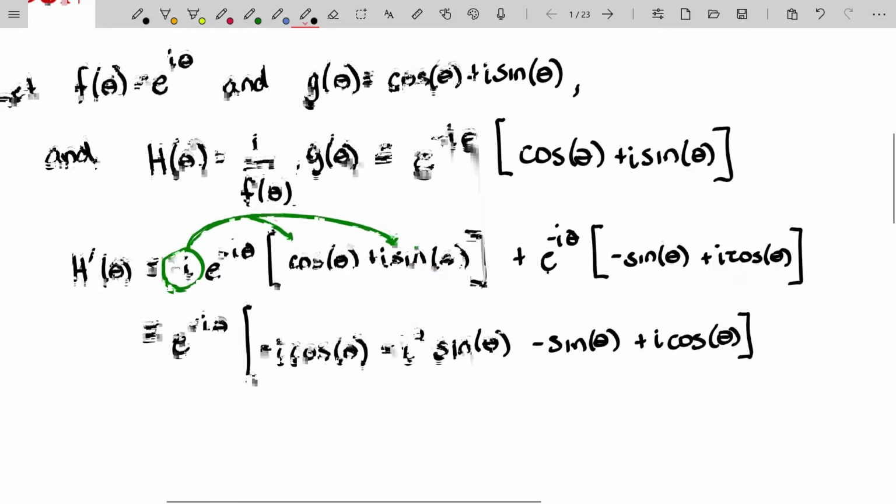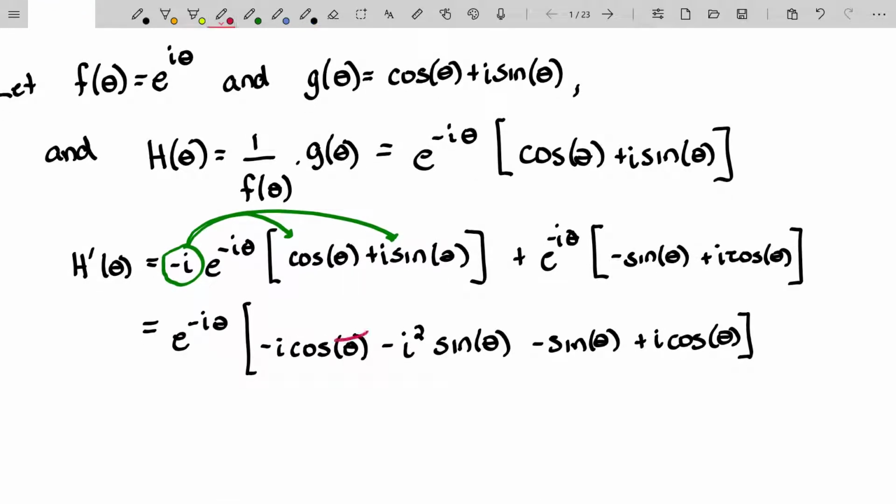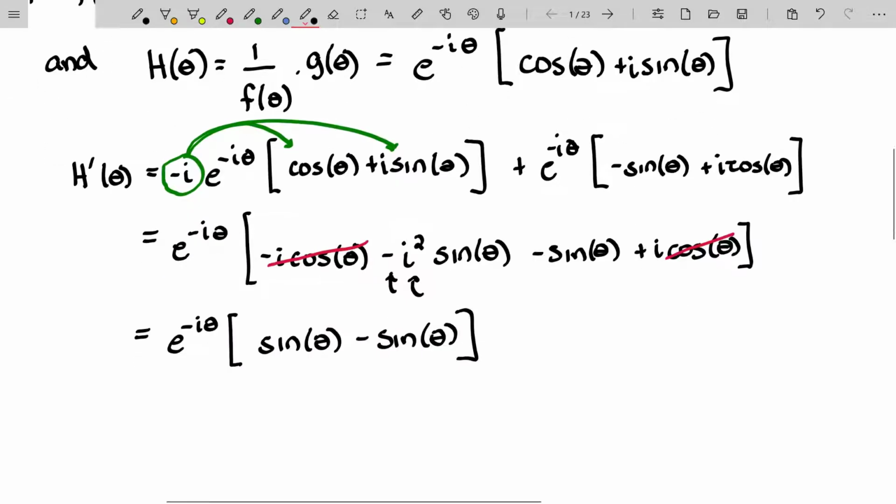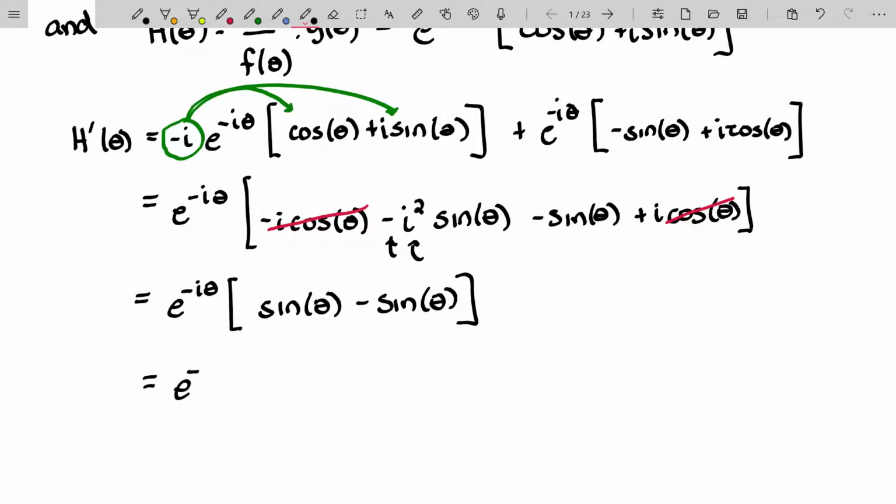Now you can see the positive i cosine of theta and the negative i cosine of theta cancel beautifully. And you get e to the negative i theta times the quantity: i squared is a negative 1, so that's a negative 1, or in other words, a positive 1 times the sine of theta, minus sine of theta. And of course, that's e to the negative i theta times 0, which is equal to 0.